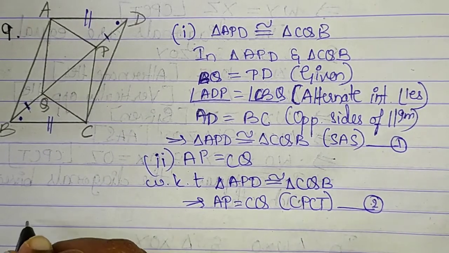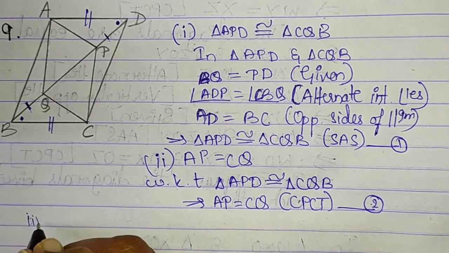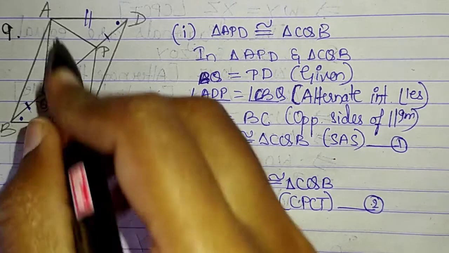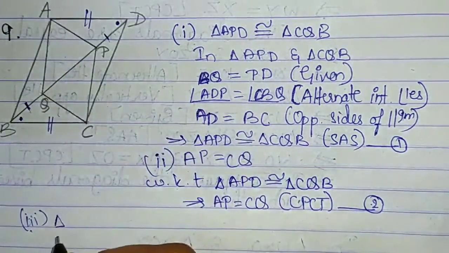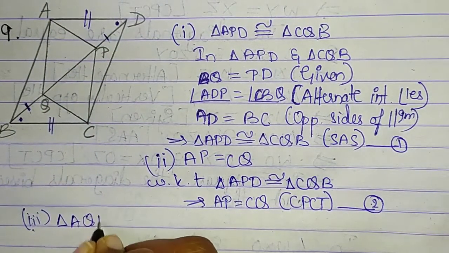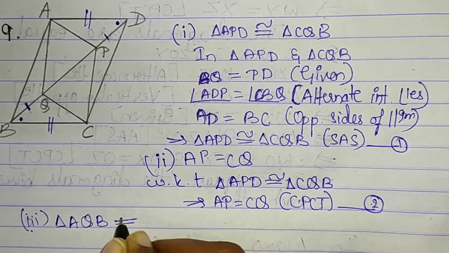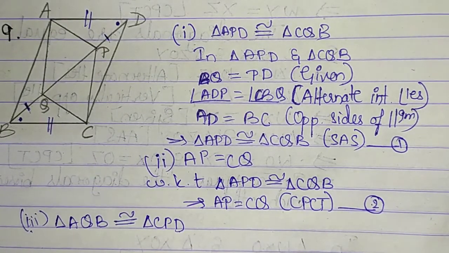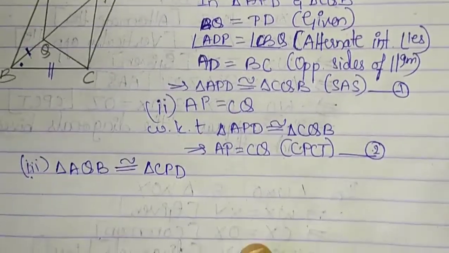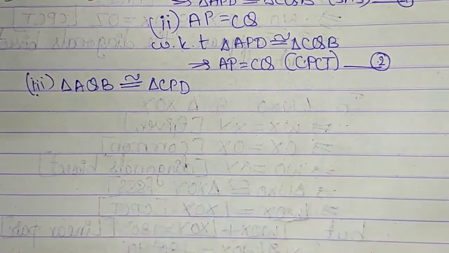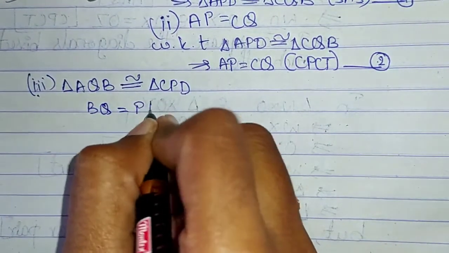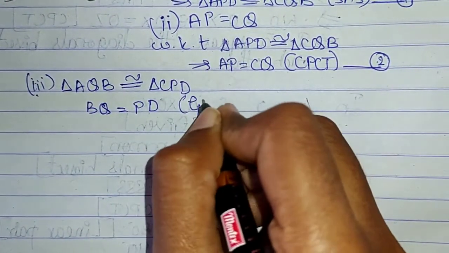The third thing which we have to prove is triangle AQB is congruent to triangle CPD. So to prove this, once again BQ is equal to PD. This is given to us.